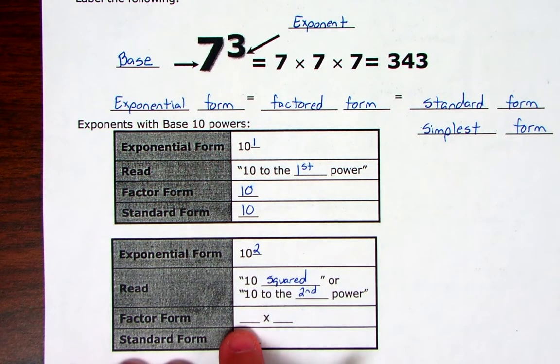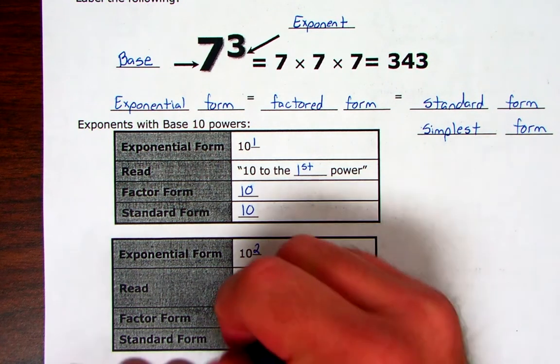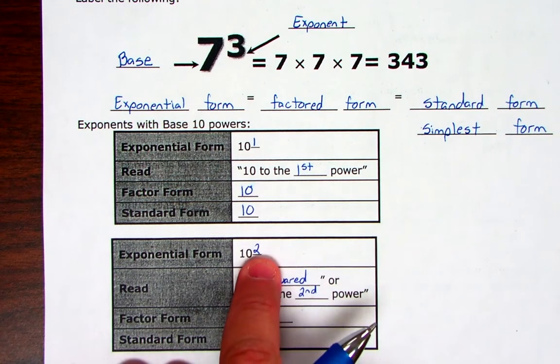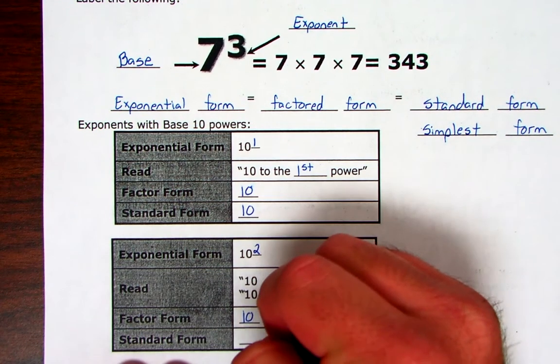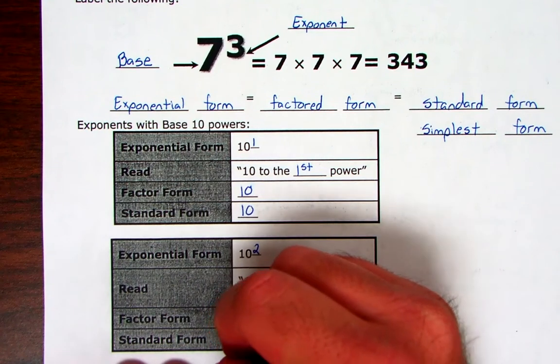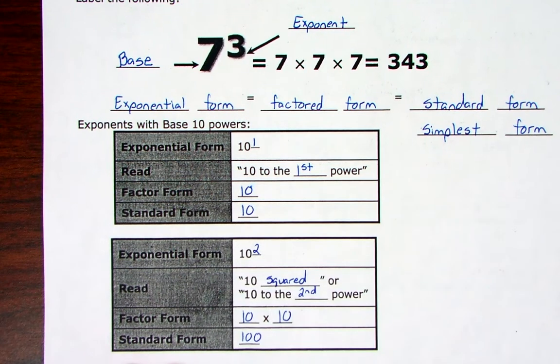Now your factored form, what is your base? It's the big number. In this case, it's the 10. How many 10s should I have? 2 of them. Look there. There's your 2 10s. Well, what is 10 times 10? Well, if I give you 10 $10 bills, you get yourself a Benjamin $100 bill.